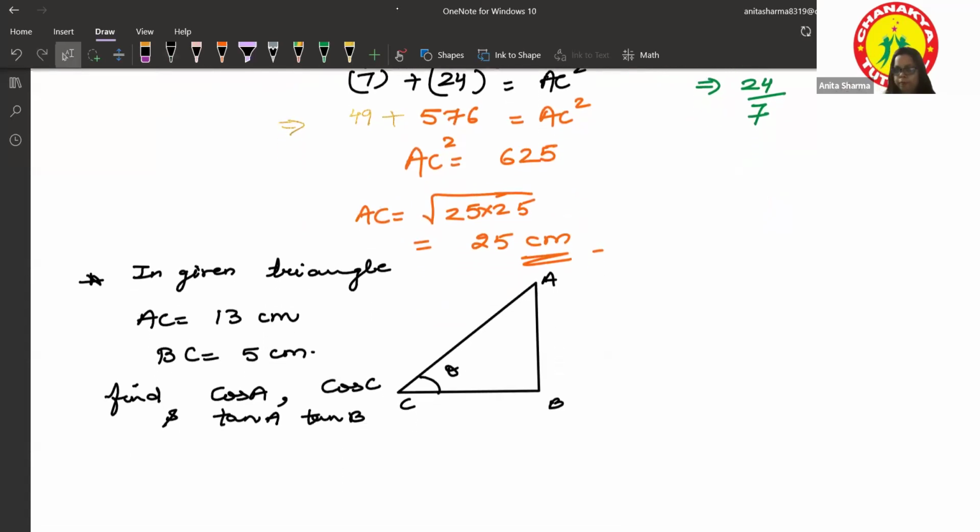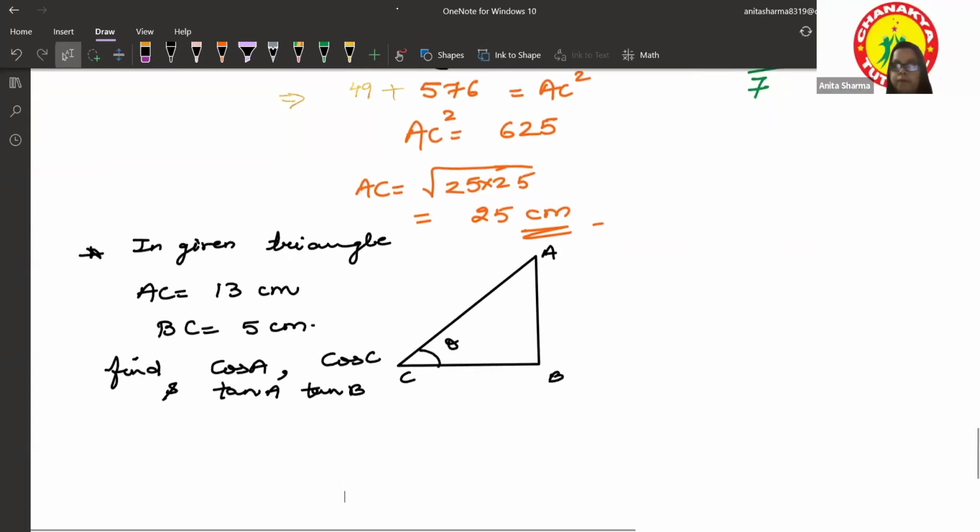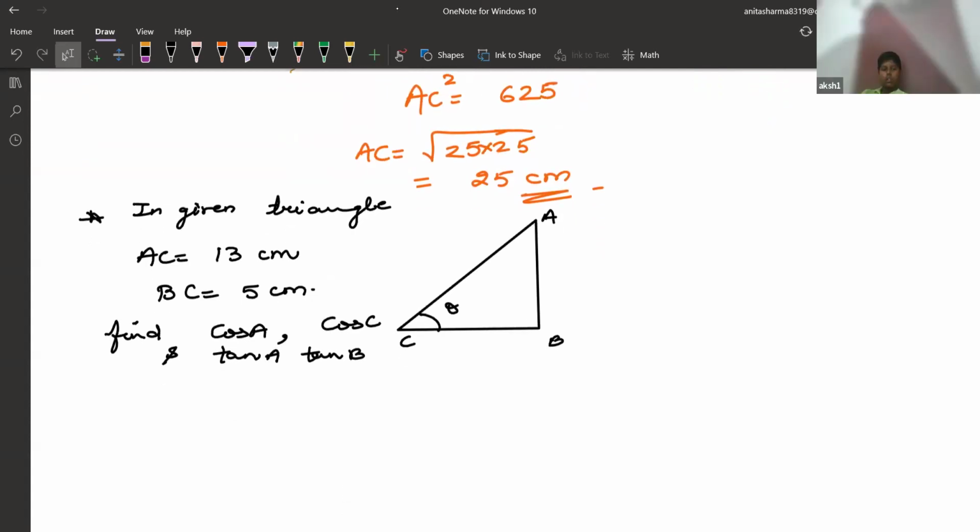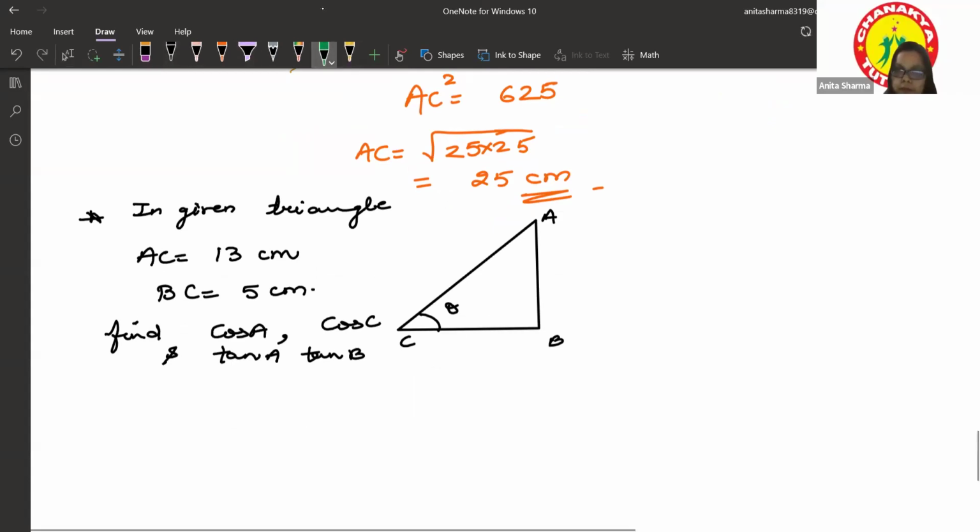So now Akshay, unmute yourself, beta. Yes, ma'am. Akshay, please help me out. What will be our first step here? Finding out AC? No, AC is already given. AB, ma'am. Yes, AB. So how will we find this AB?